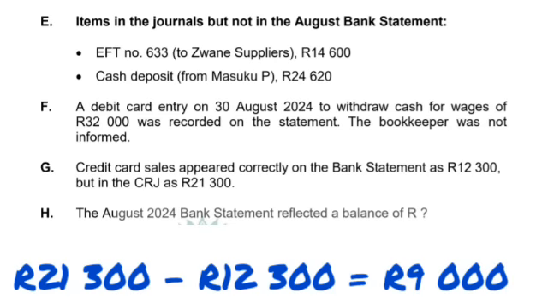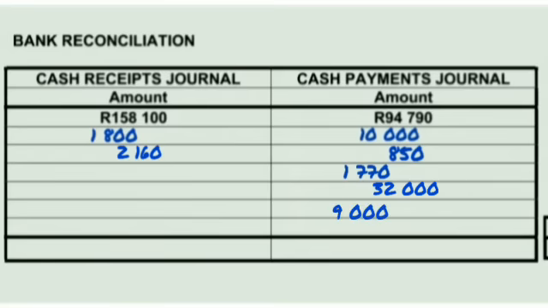So 21,300 minus 12,300 gives me 9,000, and then that 9,000 is going to be corrected in the cash payment, because this error, remember, was made in the CRJ. So if there's an error in the CRJ, you correct it in the CPJ.